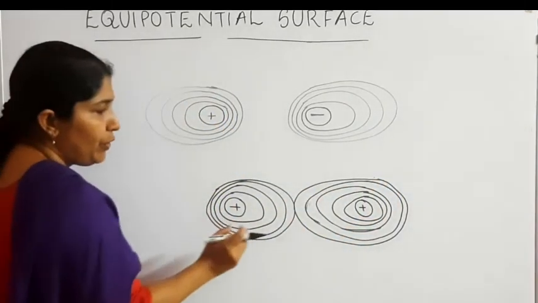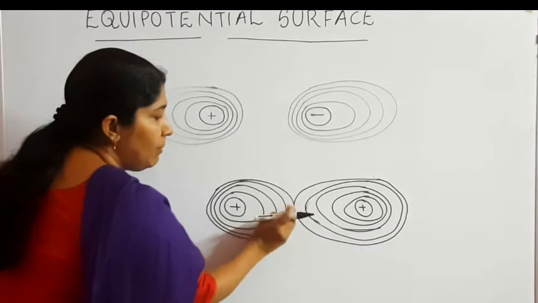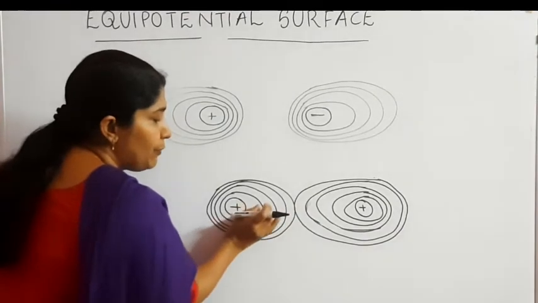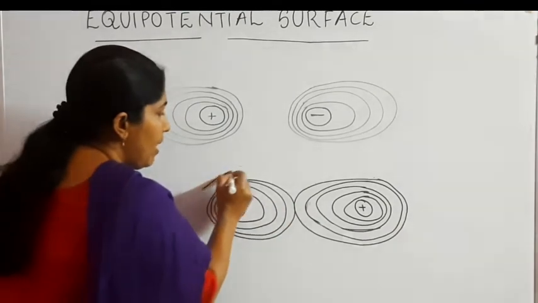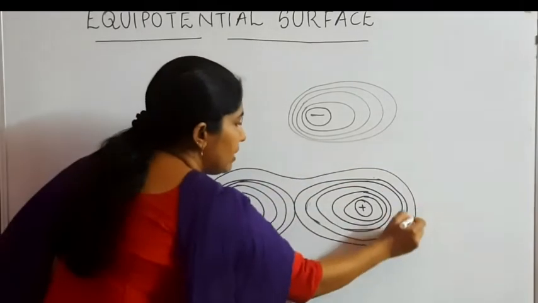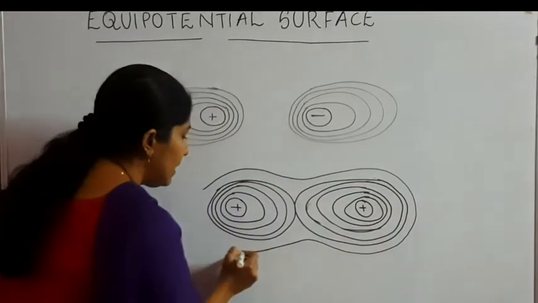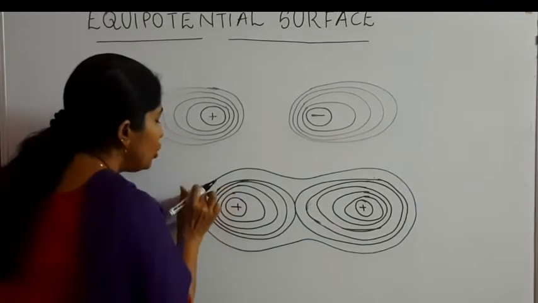Because of the force of repulsion, the spacing between the two surfaces is large here. Finally, we can draw the surface like this. This is the equipotential surface of two positive charges.